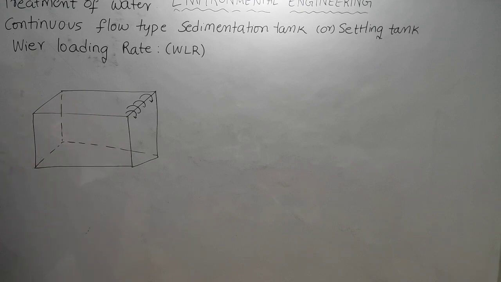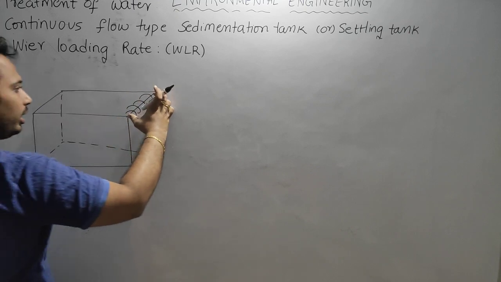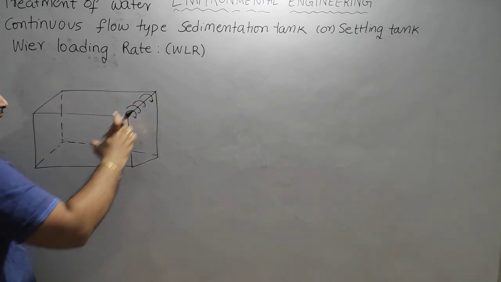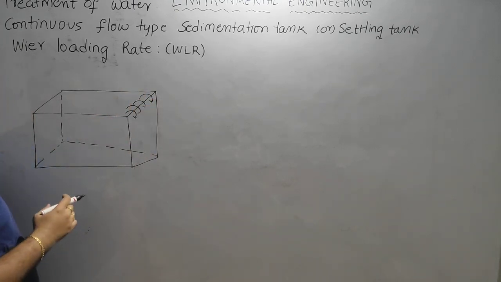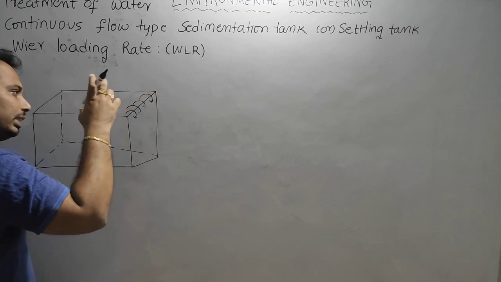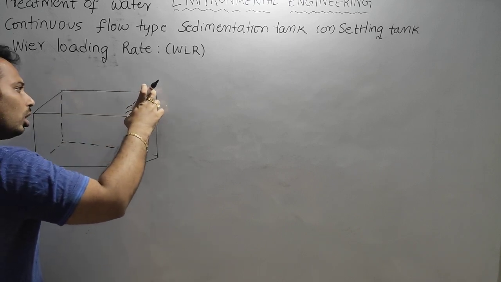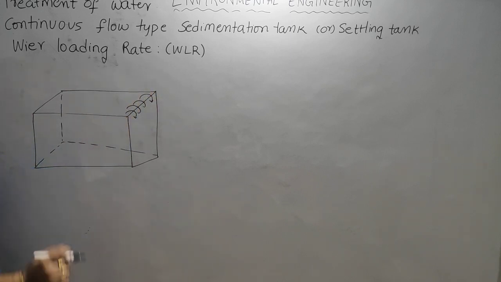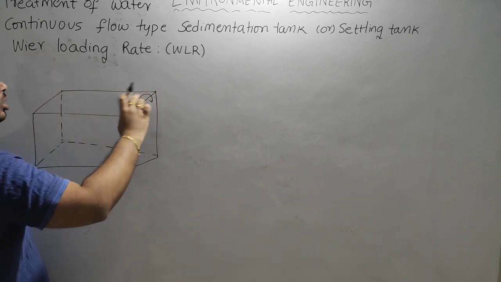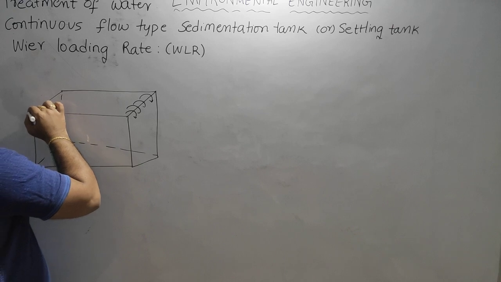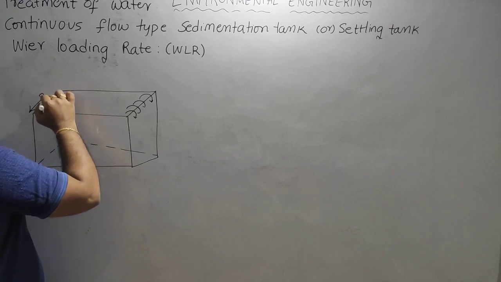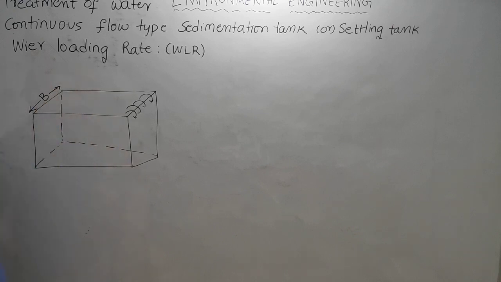So the location where the outflow is moving out of the tank, this is acting like a wear. This is the outlet. So how much discharge is passing through the outlet wear, that is called wear loading rate. The discharge passing through the outlet wear. So what is the dimension of this? This is B. For a rectangular tank, this is B.